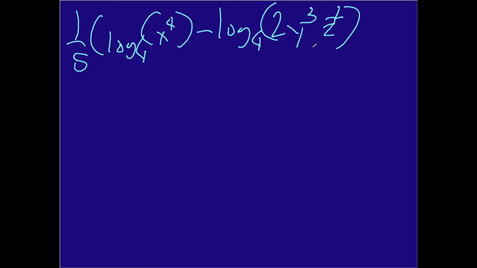Now the next thing that we have to do here is the product property for the information that is inside this guy right here. So that's what we're going to do next. When I do the product property, I end up with the following.